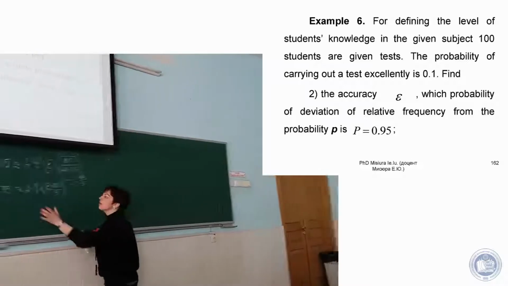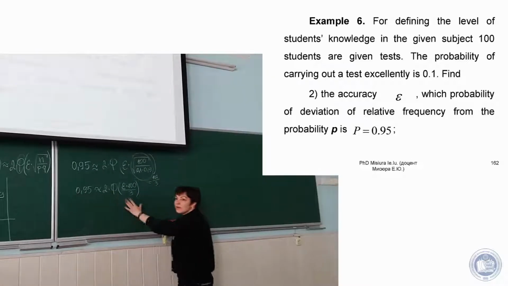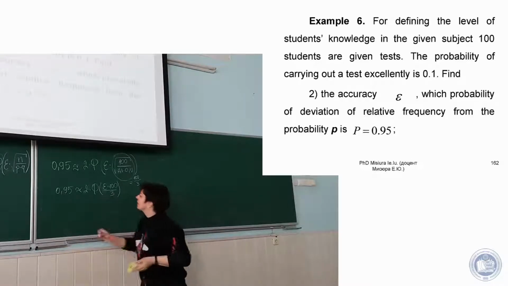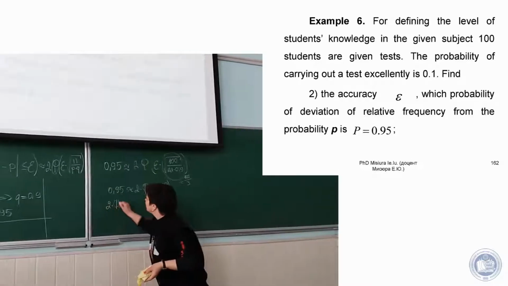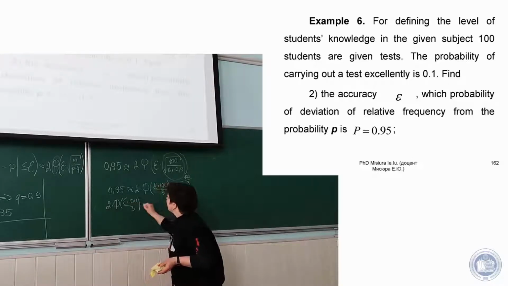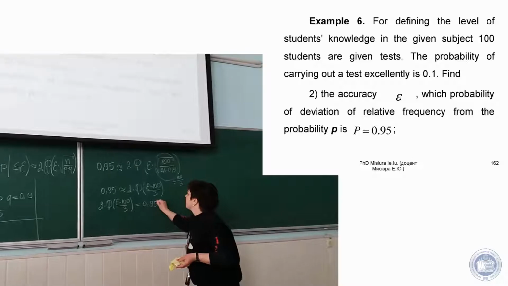Students, please remember, if the left part equals the right one, you can swap the two sides and get the double value equals 0.95. Is that correct or not?